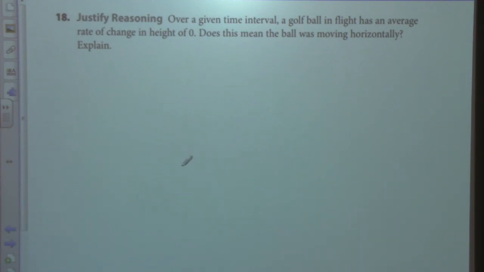Okay, guys, it says the golf ball in flight. So what I'm going to do is I'm going to try to allay misunderstanding of the situation. So the golf ball is struck, right? And you got a golf ball flight. And a golf ball flight is going something like this.